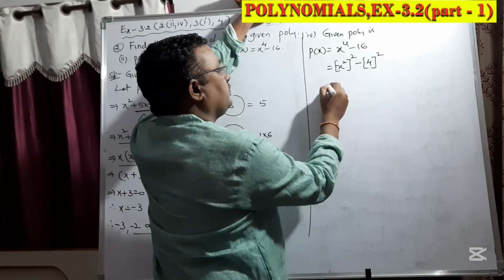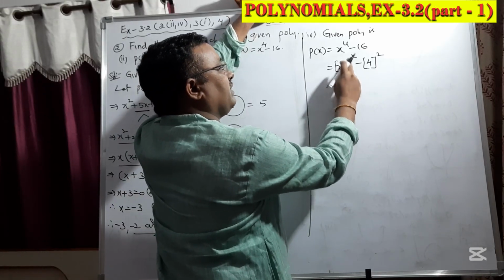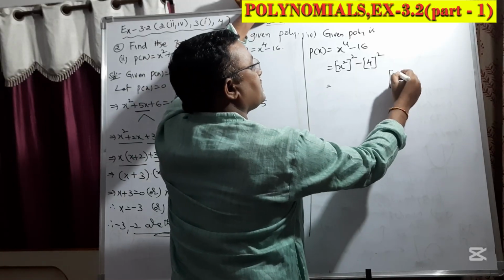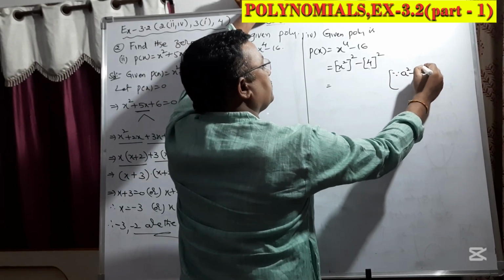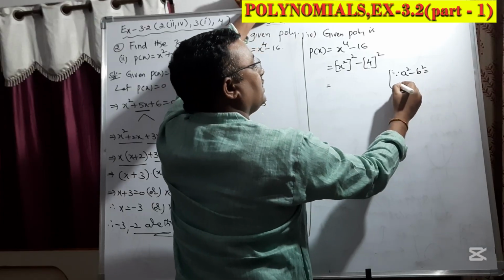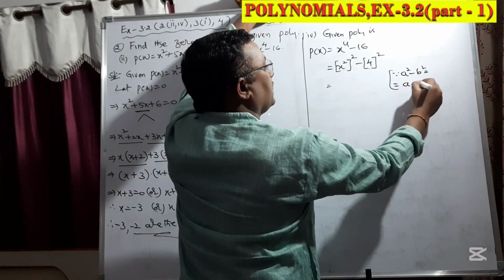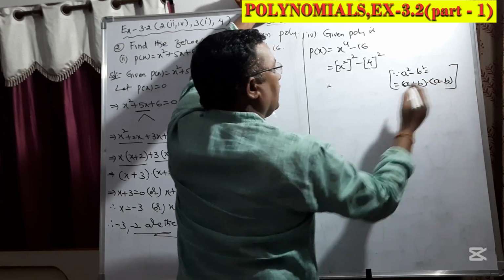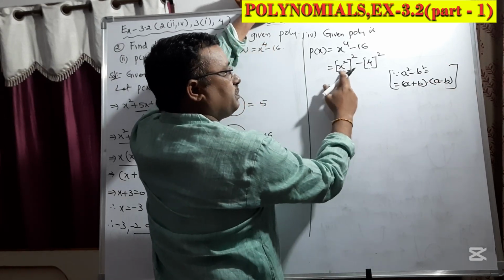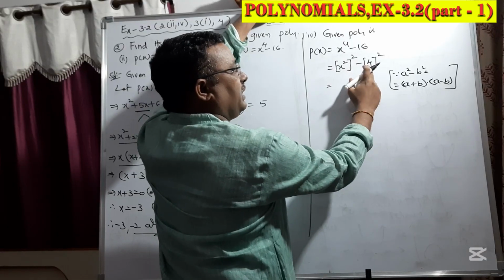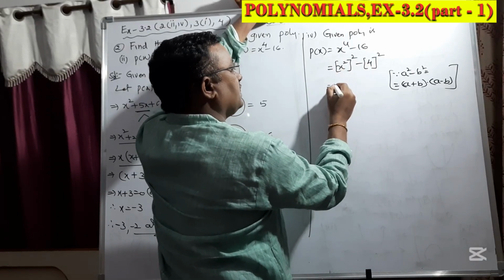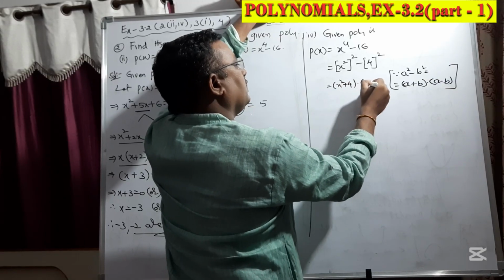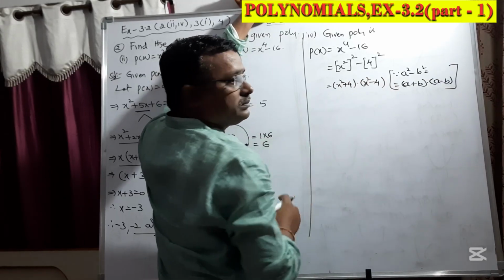It looks like a square minus b square. Okay. So what is a square minus b square identity? That is equal to a plus b into a minus b. Clear? In this bracket is a, this bracket is b, so a plus b means x square plus 4 into x square minus 4.